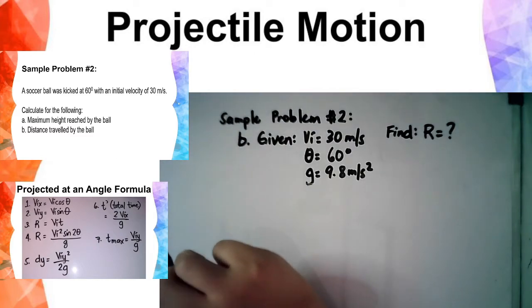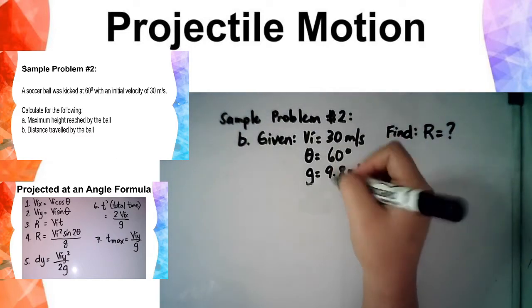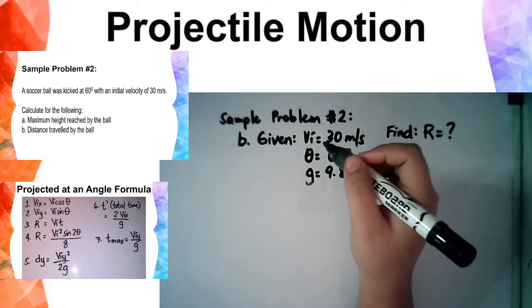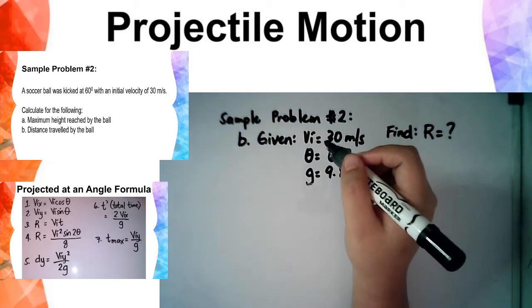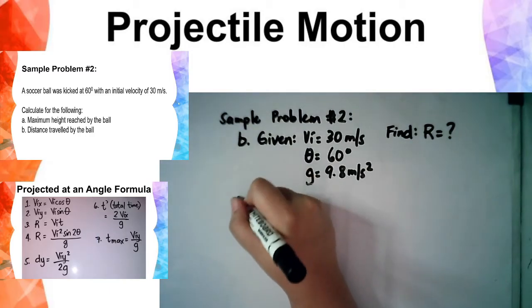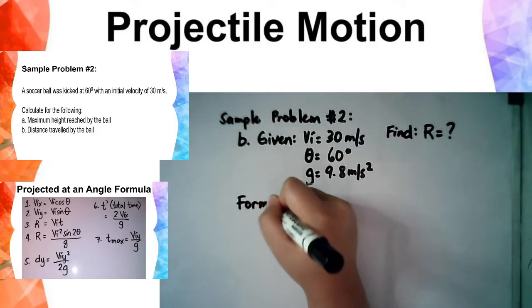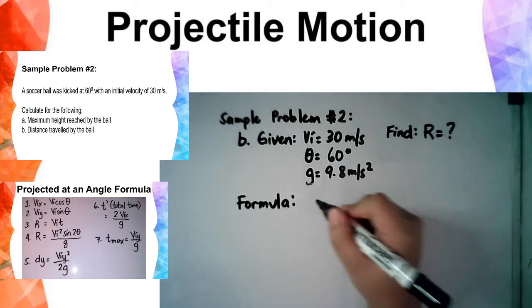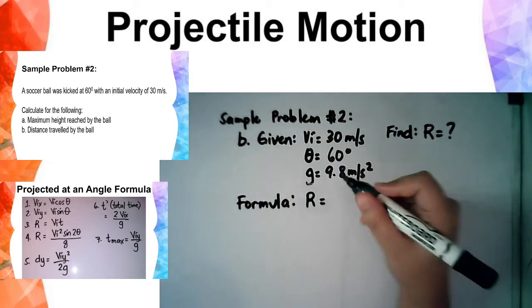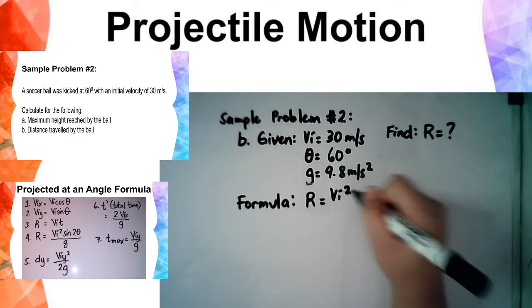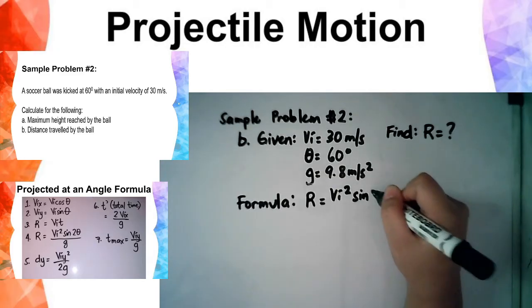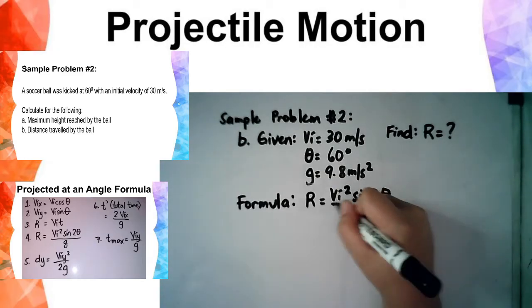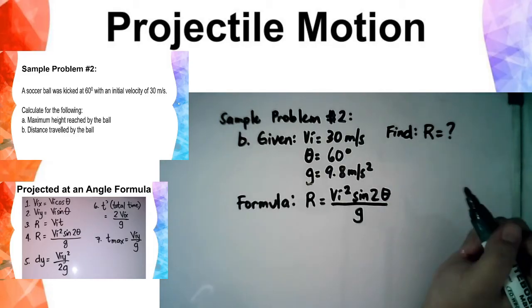So, wala tayong given na time. So, ang gagamitin nating formula will be number 4. So, you have the formula R is equal to the initial velocity squared sine 2 theta divided by G.